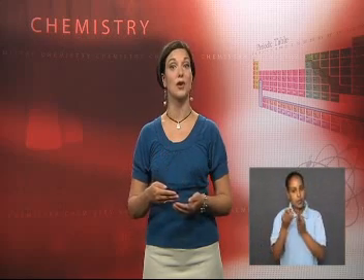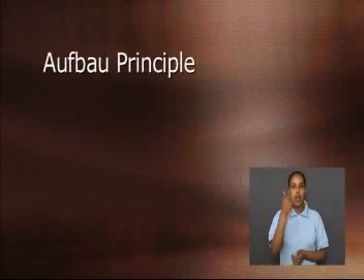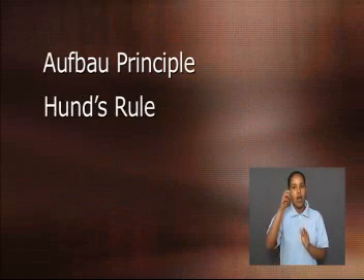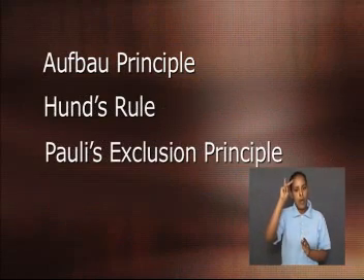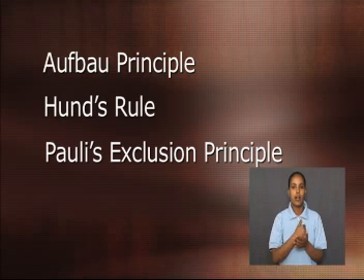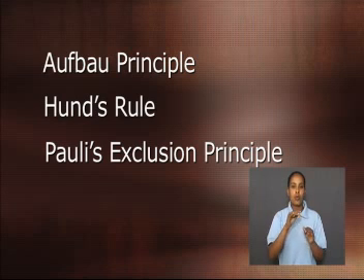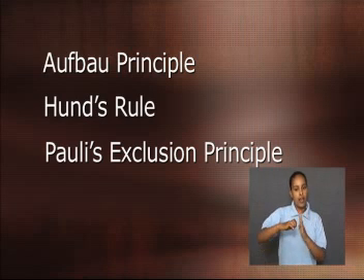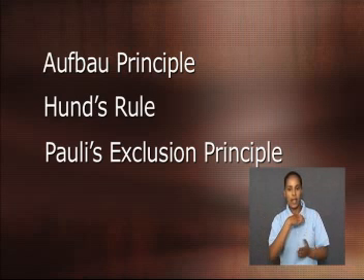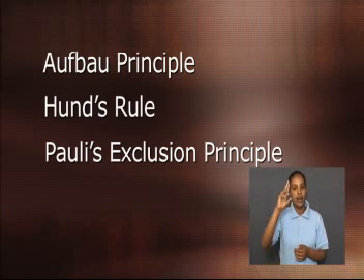The following three principles explain the electron configuration for any atom: the Aufbau principle, Hund's rule, and the Pauli exclusion principle. In today's lesson, we are going to learn about the Aufbau principle, which is also called building up principles. We will also write the electronic configurations of some elements. We will discuss Hund's rule and Pauli's exclusion principle in our next lesson.